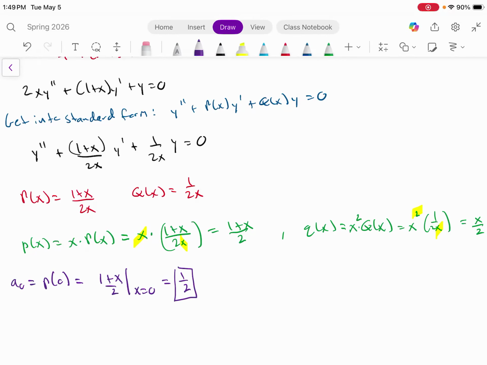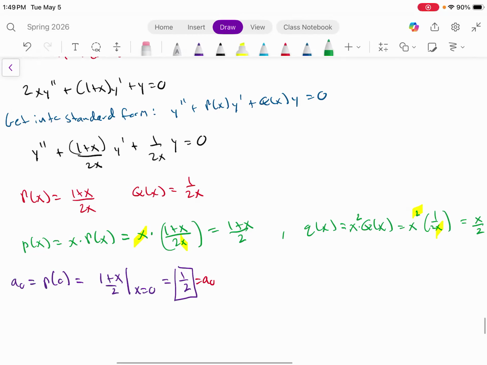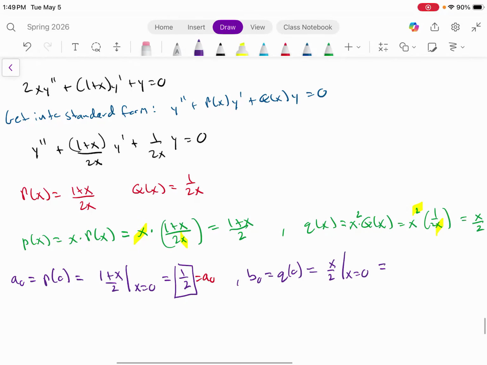Okay, so that's a naught. And now b naught is little q evaluated at 0. So that's just x over 2 evaluated at x equals 0. So I'm just going to plug in 0. That would be 0 divided by 2, which is just 0. Okay, so that is b naught.